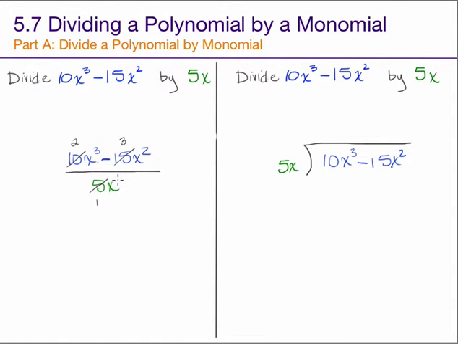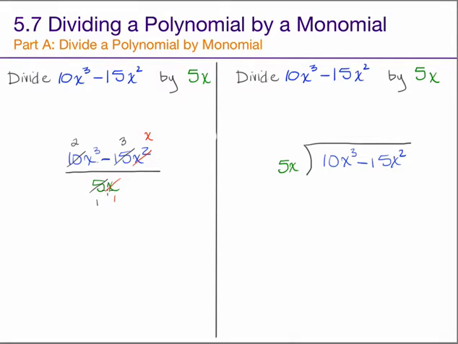X goes into x one time. X goes into x squared. What do I need to multiply by x to get x squared? I need to multiply x by x to get x squared. Like I need to multiply 5 by 3 to get 15, so 5 goes into 15 3 times.